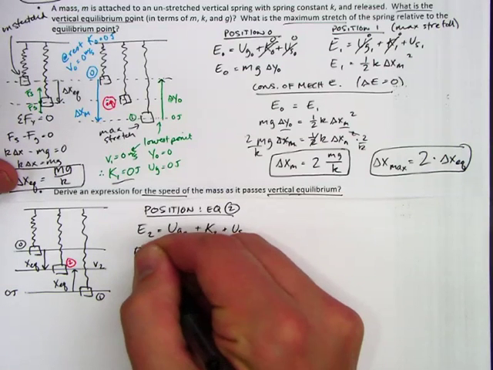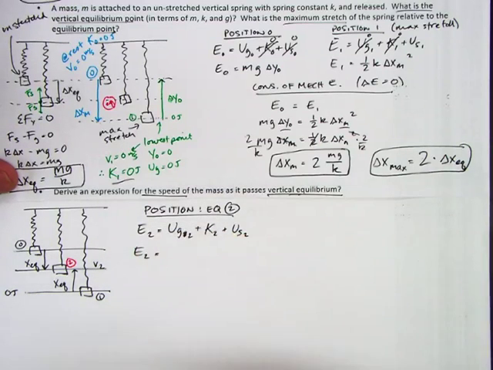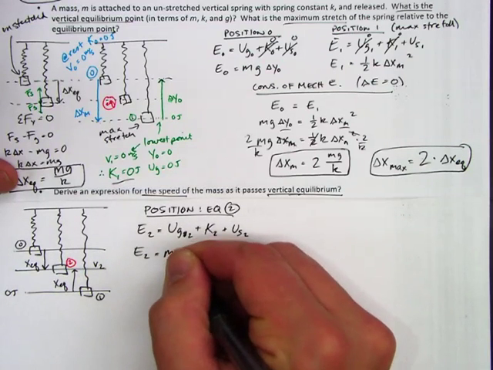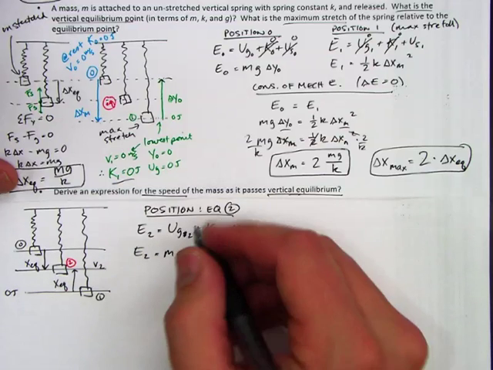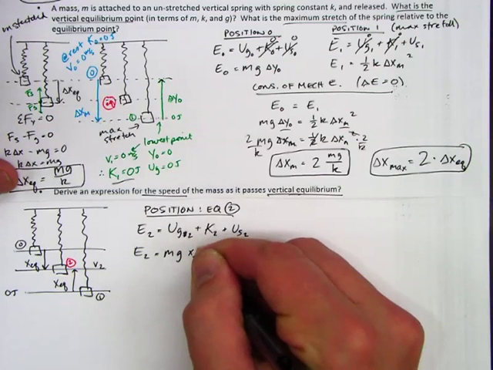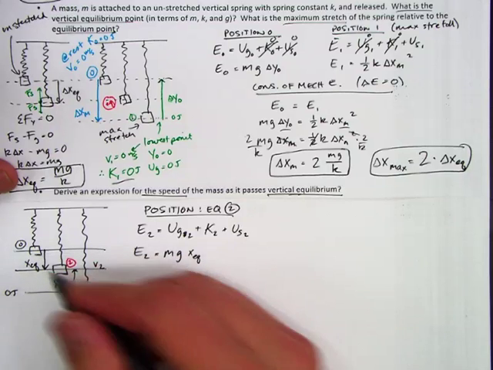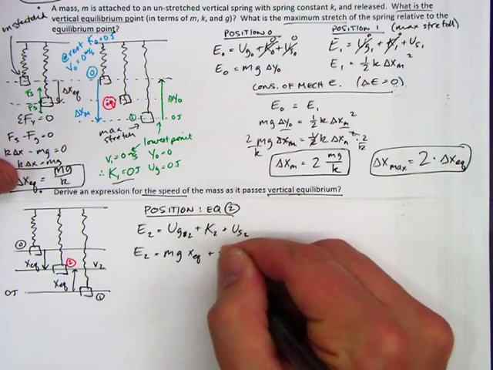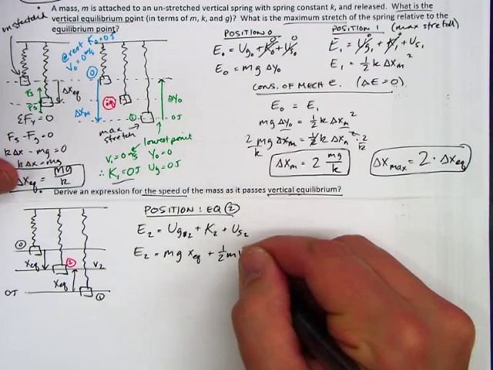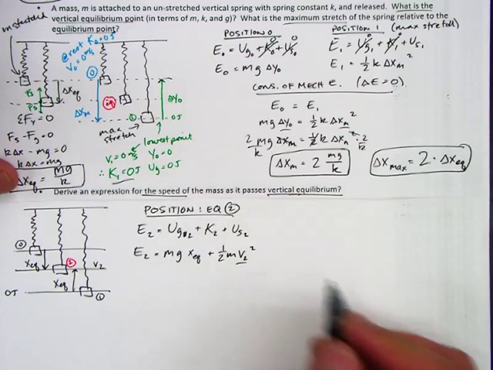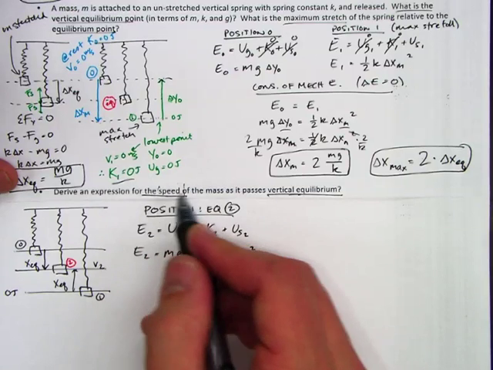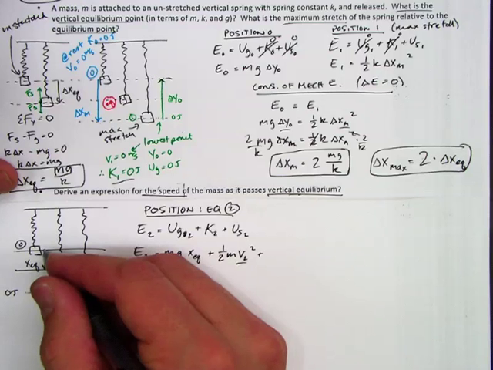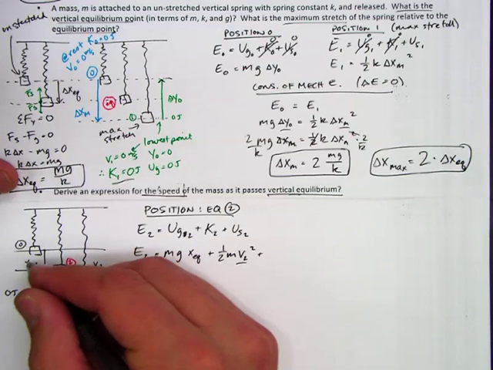So let's write those out in terms of quantities we know or we can relate to. We know that U_g at 2 is going to be the mass times g times the equilibrium stretch, because we know this height will be the same as this stretch relative to my gravitational potential, plus 1/2 times mass times whatever that v2 is squared, and that's really what we're solving for, the speed as it passes equilibrium, plus my spring potential, which is 1/2 k x_eq squared.